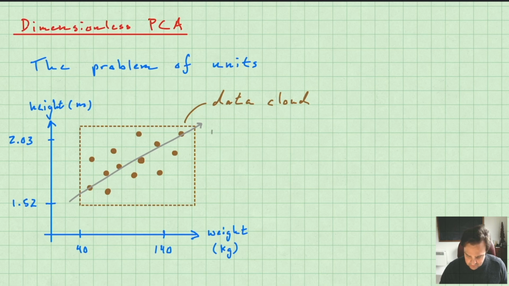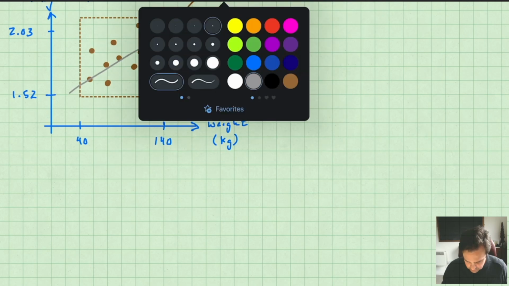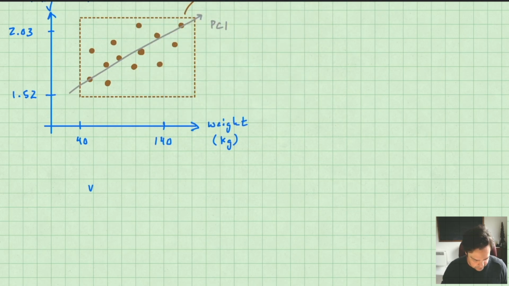It's slanted more towards weight than towards height. I mean, it's some mixture of the two. But the reasoning for this is the following: if you look at the variance of all the weights, let's say this is around 50 kilograms squared, roughly, just eyeballing that.